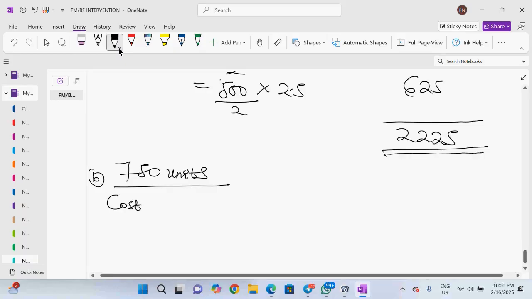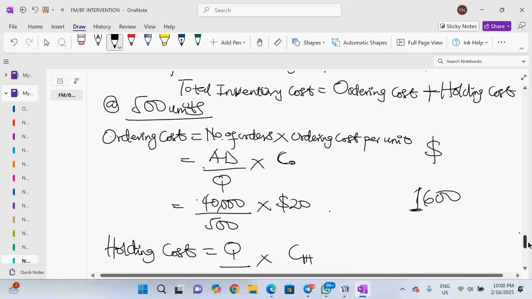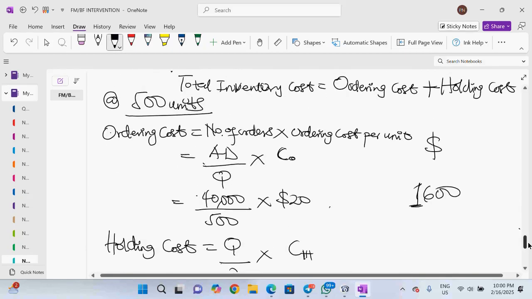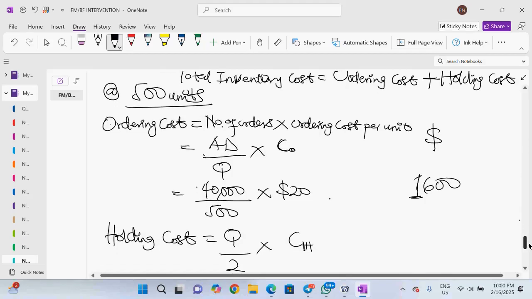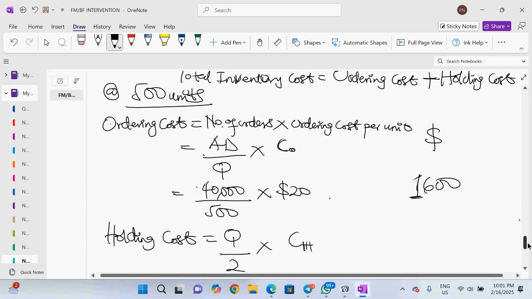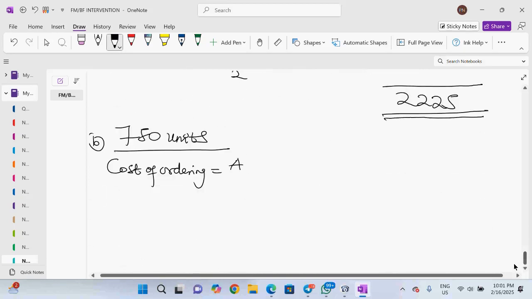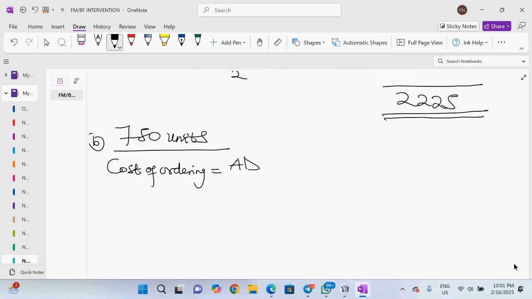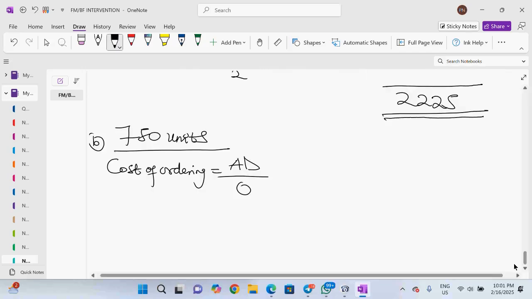Total cost of ordering is the annual demand over Q times the ordering cost per order.